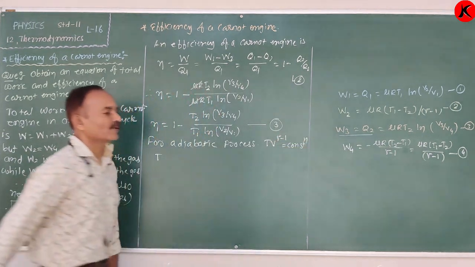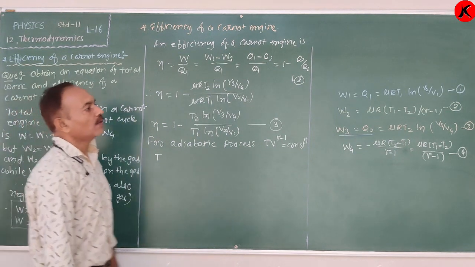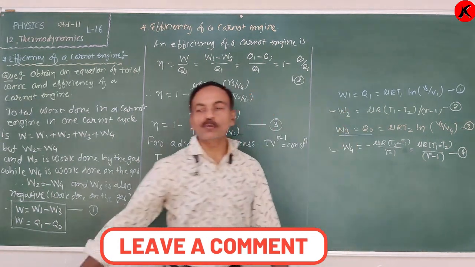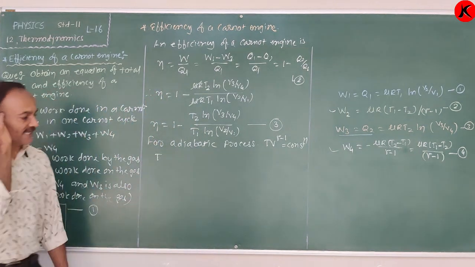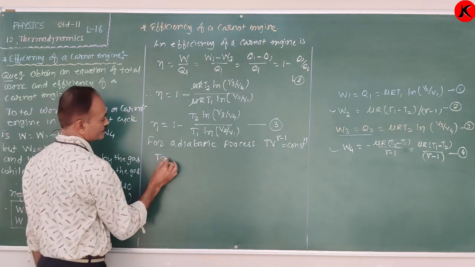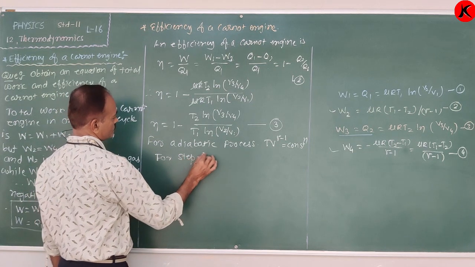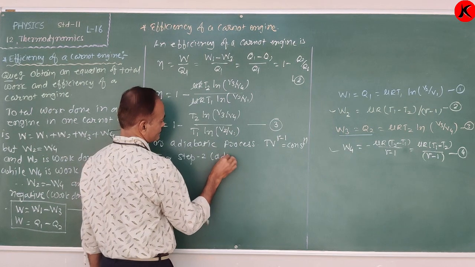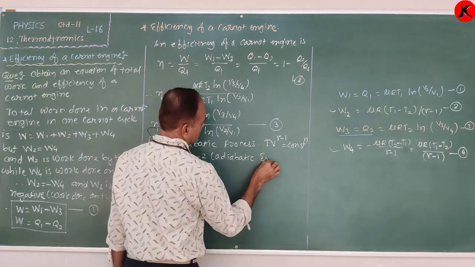That is the equation for adiabatic process. Right? Now, here the adiabatic process takes place in step 2 and step 4. Therefore, for step 2, that means adiabatic expansion.